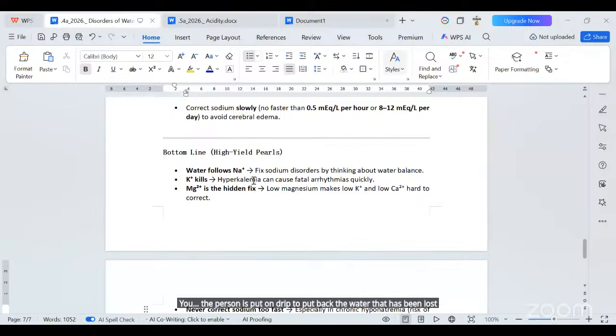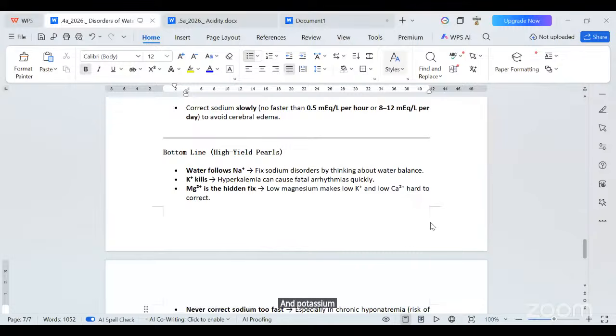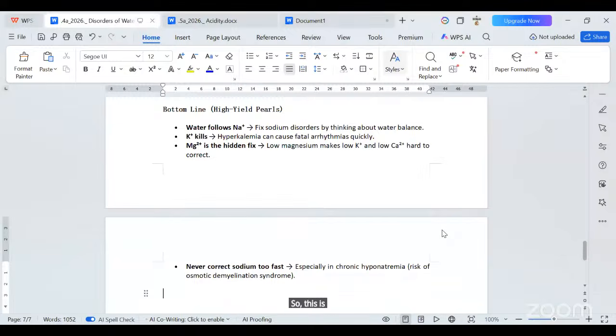Now, hypercalcemia can be fatal if not quickly handled. And then magnesium works in tandem with potassium and calcium. So when magnesium is low, it also affects the levels of calcium and potassium, and it's very hard to correct. So they say, the Englishman says, it's better to be safe than sorry.